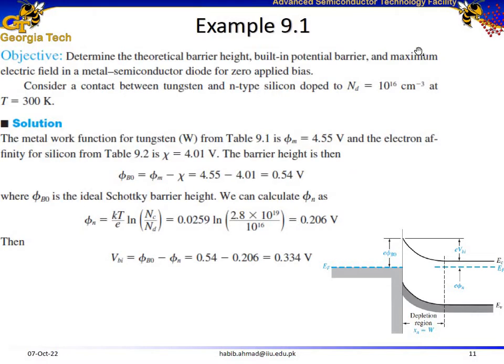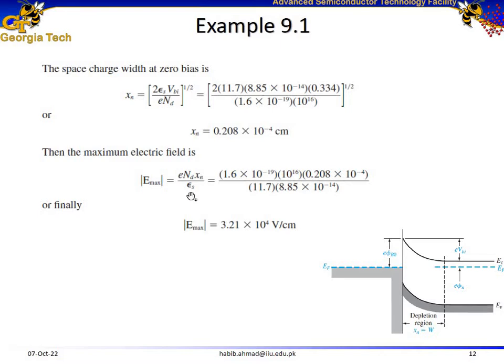And also, what else is required over here? We are also required to calculate the maximum electric field. Here is the relationship for maximum electric field. We know the doping, we know the charge on electron, we know permittivity of the silicon, but we have to calculate Xn, which is width of depletion region. Here is a simple formula for calculating Xn.